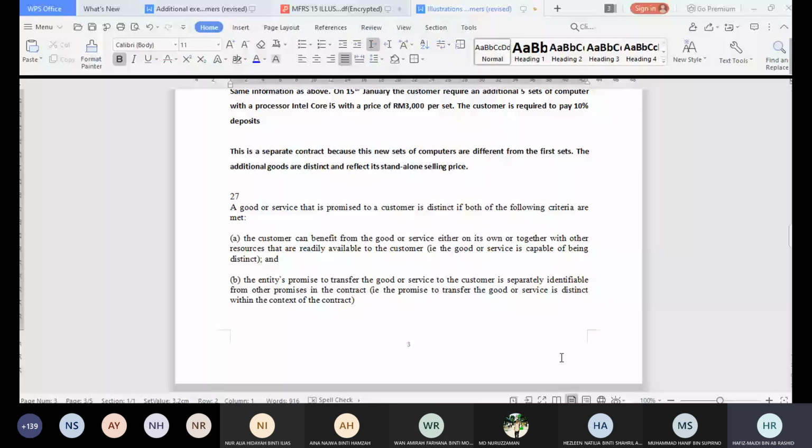So don't modify the original contract, because the additional goods or services are distinct and their price is not affected by the other prices in the contract. It is its own price. So just create a new contract.